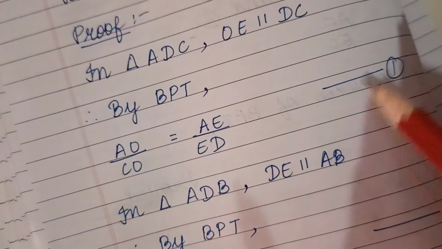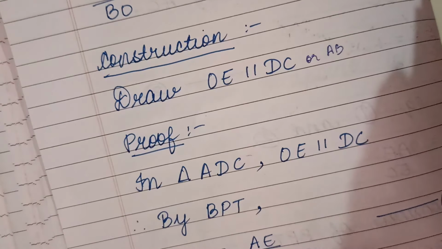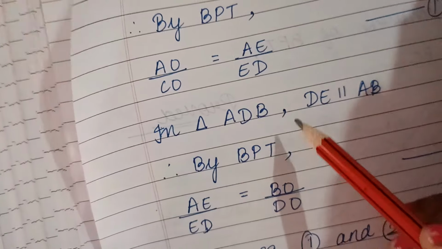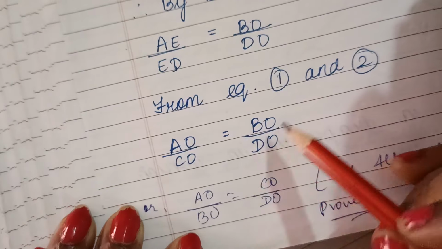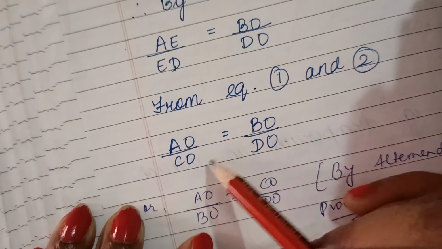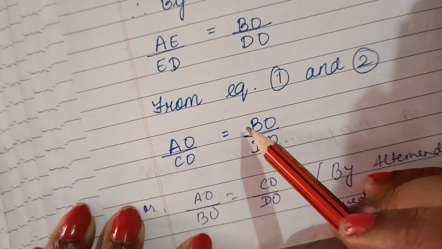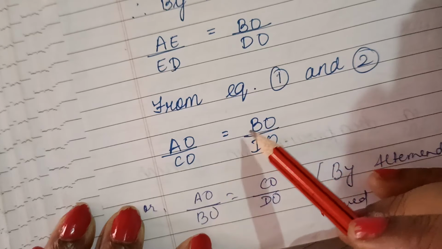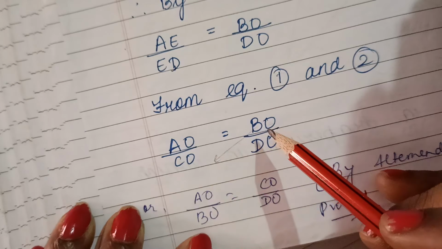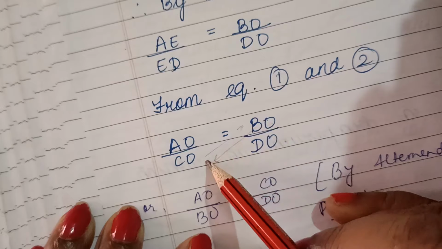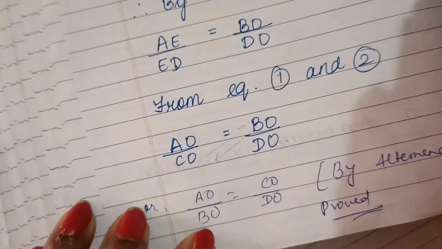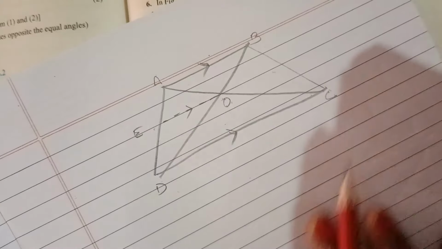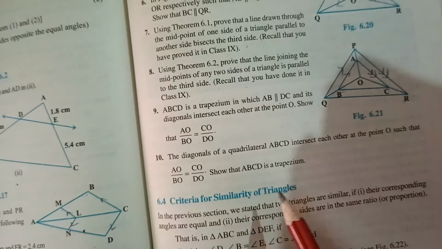That AE by DE is common in both, isn't it? So here AO by CO will be equal to BO by DO. Just reciprocate it, or do the cross multiplication, or by alternendo we also say AO by BO. Just bring it here and take this side. AO by BO equals CO by DO. Hence proved.